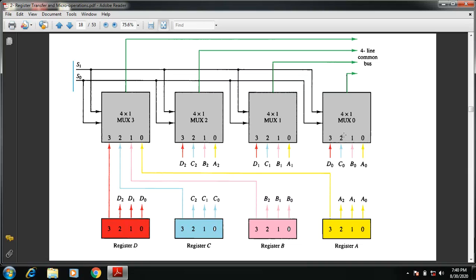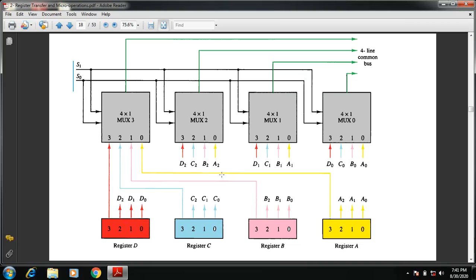In the multiplexers, the first one, multiplexer 0, takes bit 0 of all the registers, that is A0, B0, C0, D0. The second, multiplexer 1, takes A1, B1, C1, D1, and A2, B2, C2, D2 go to multiplexer 2.